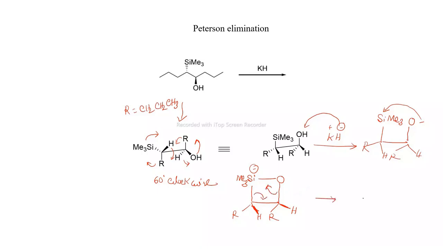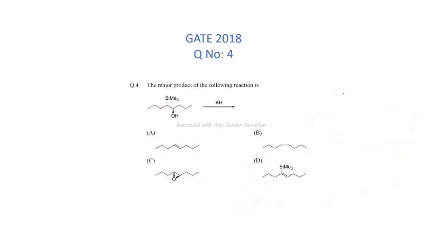So we'll get the stereochemistry with the R groups on the same side. Our product will be the cis product, the cis olefin. So the correct answer will be option B, and option A is not correct.